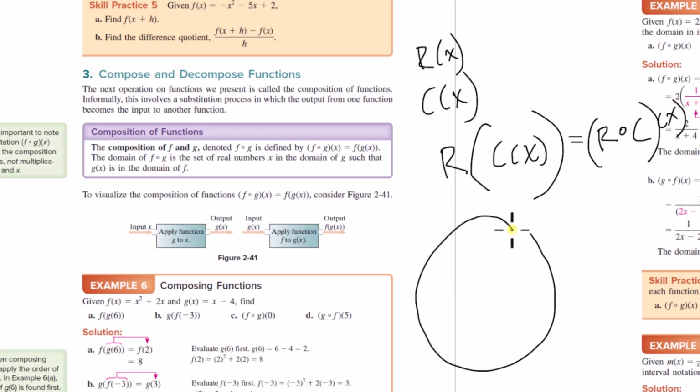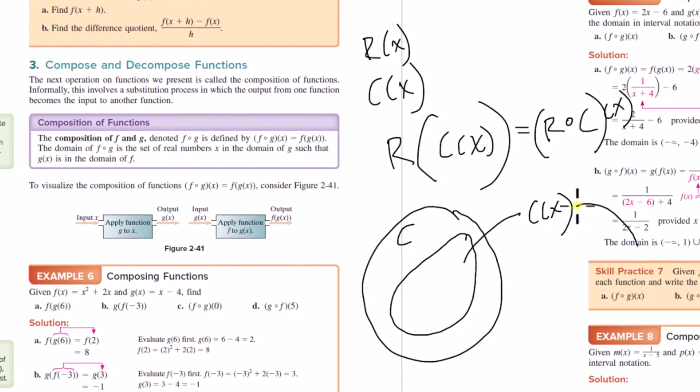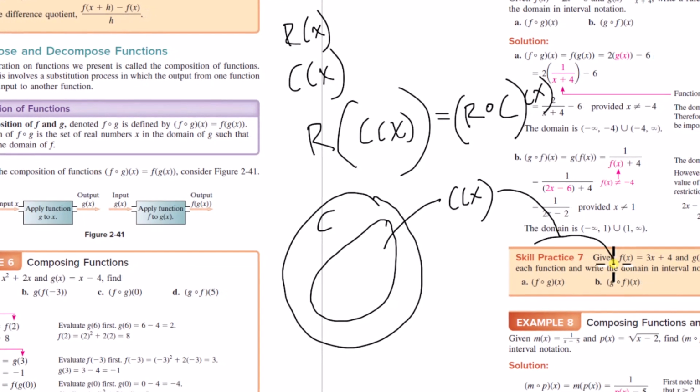Everything in the domain of C. If it's not in the domain of C, then it's not going to work, obviously. But the domain of the composite function is potentially going to be more restricted than this, right? Because the idea is there's going to be a subset of this domain that when you evaluate C of x, you get a number that is within some subset in the domain of R.